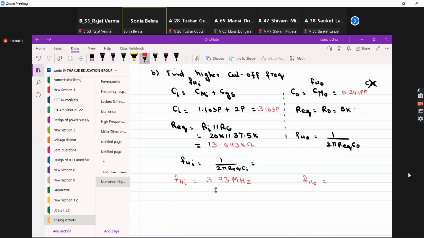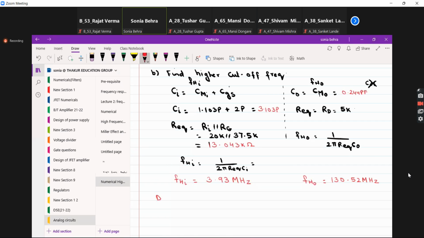No, Radhika, please check. Please put the units also. Yes, Shruti, it's right. So I'll write down the value. FHO is coming out to be 130.52 megahertz. So you have FHI, you have FHO.